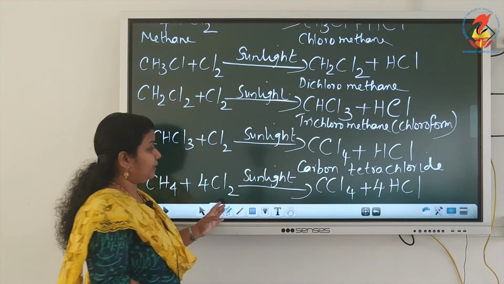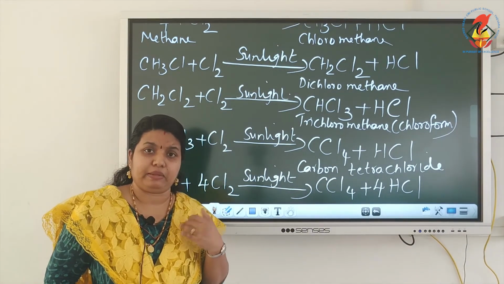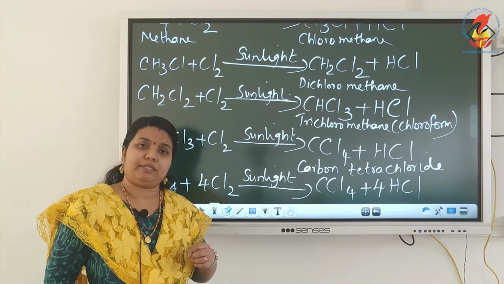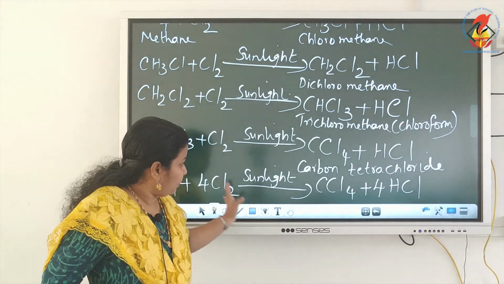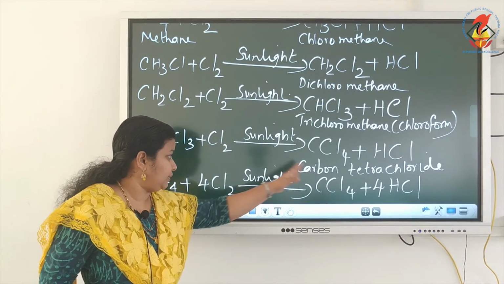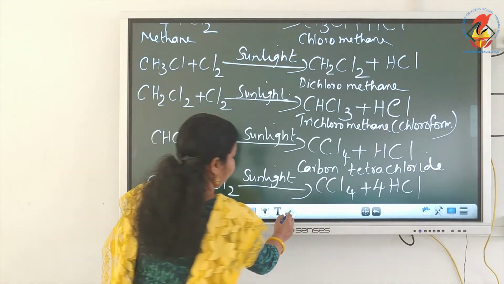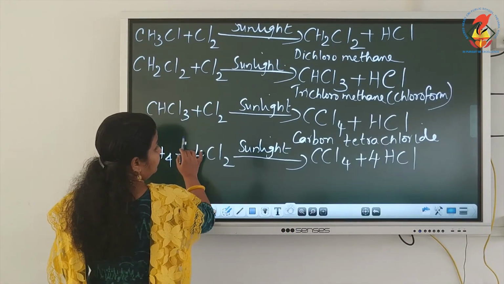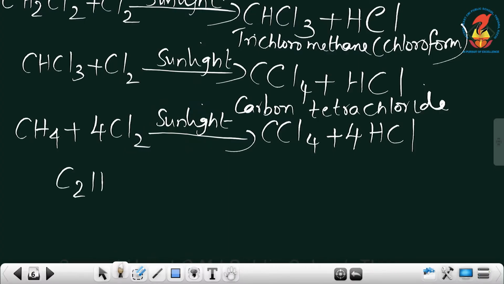This is how we can write this reaction in one step. Actually, hydrogen atoms are replaced one by one, but this is a very fast reaction, taking place within a fraction of a second, but the overall reaction we can write as methane CH4 plus 4 Cl2 giving CCl4 plus 4 HCl.